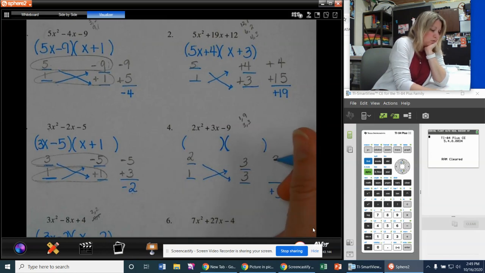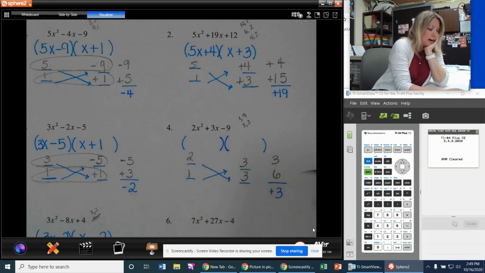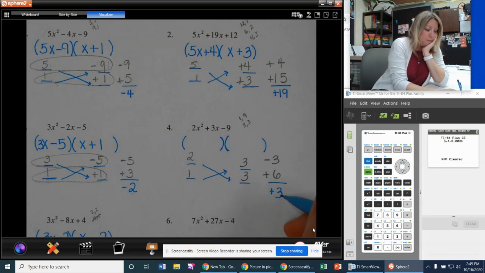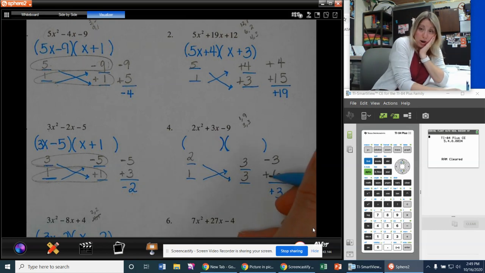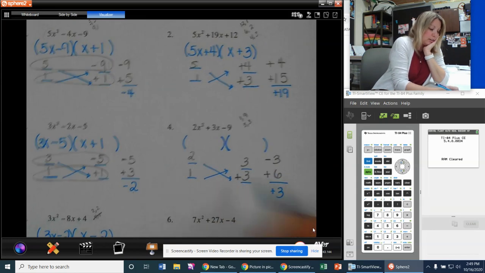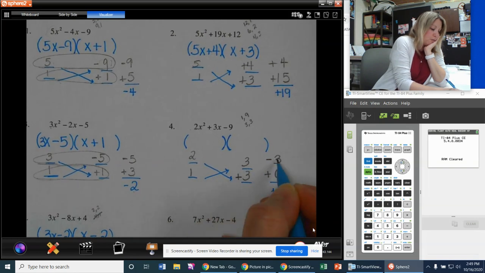1 times 3 is 3. 2 times 3 is 6. Yeah, if it's a positive 6 and a negative 3, then they'll subtract to give me the positive 3 in the middle. Now, careful where your signs go, right? We got the 6 from this 3 right here. So put that 3 as the positive one. We got the 3 from this right here.